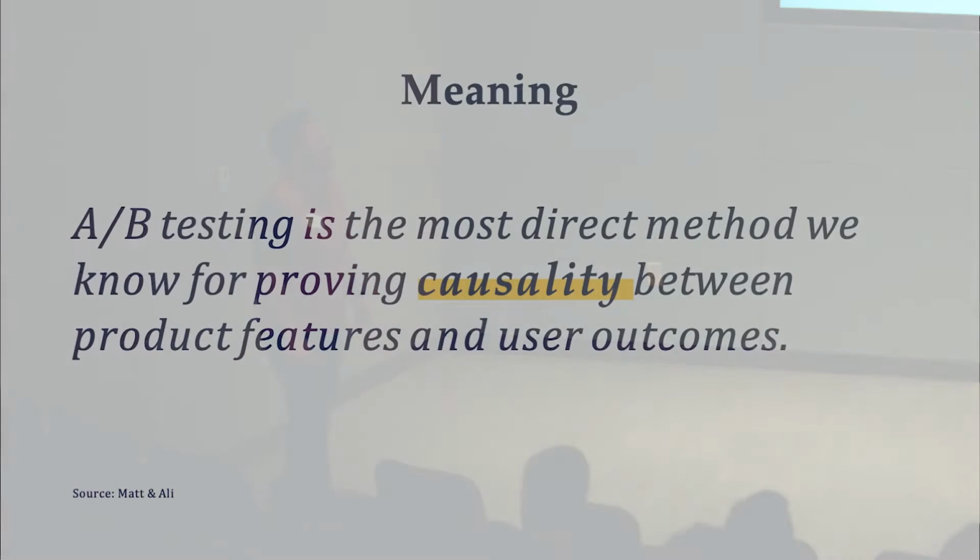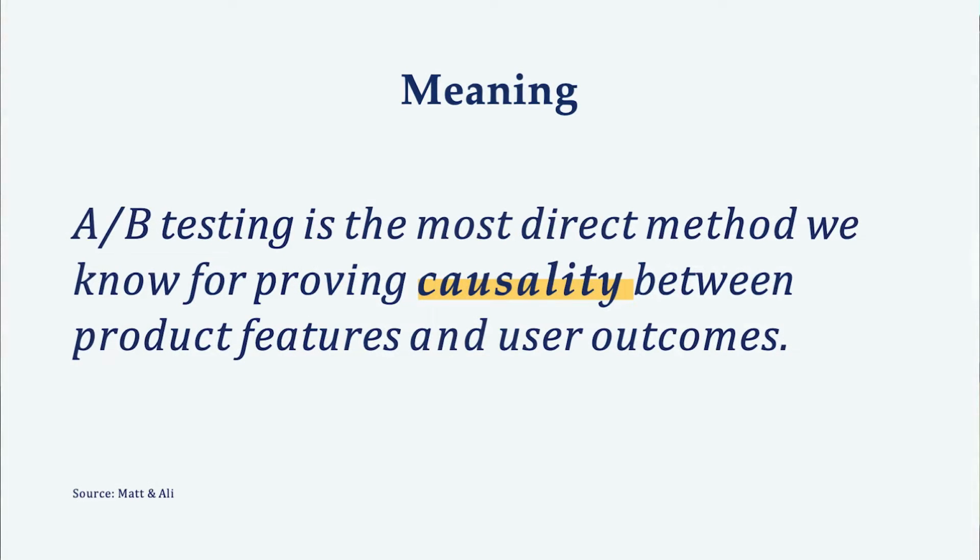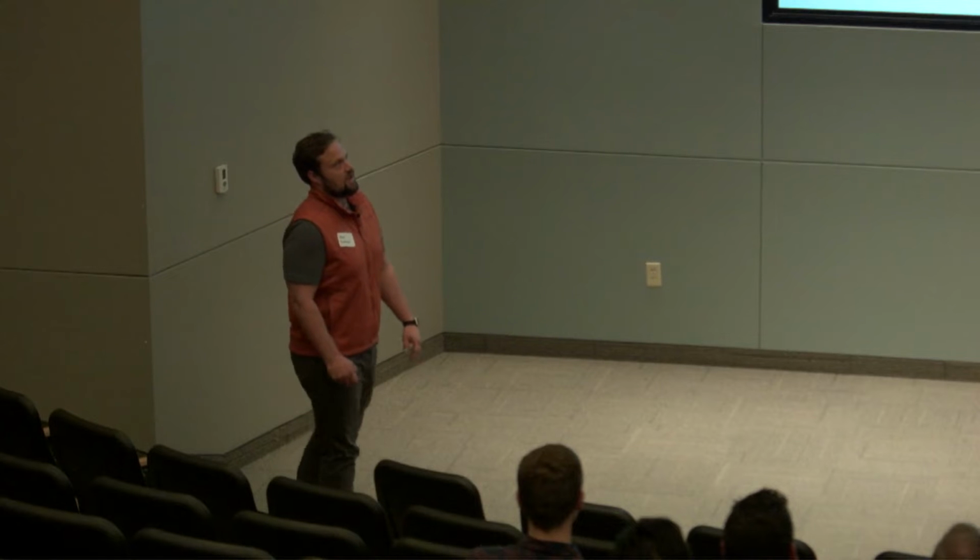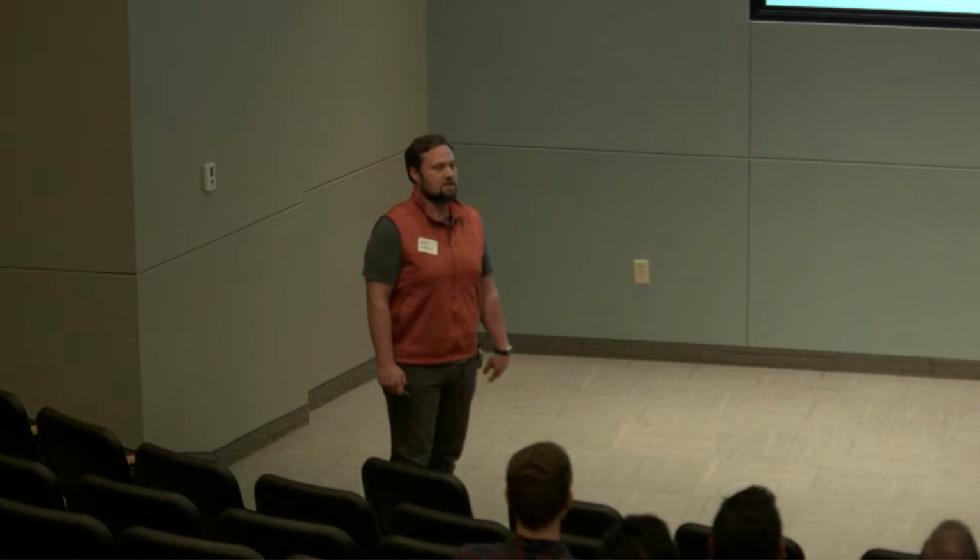Okay, so what does this really mean? At least to us, from our perspective, A/B testing is one of many user research tools, but where it particularly shines is that it's a great way to prove causality between product features and outcomes. And so what do I mean by causality?